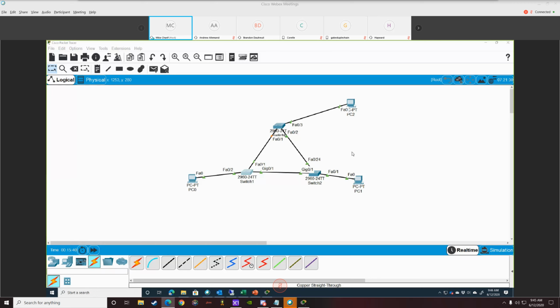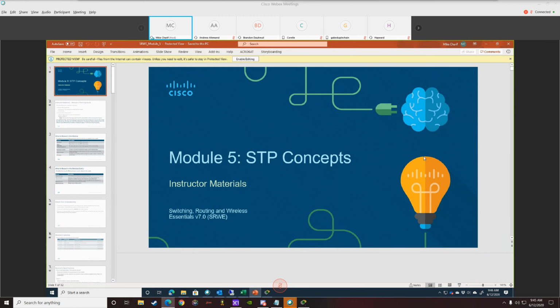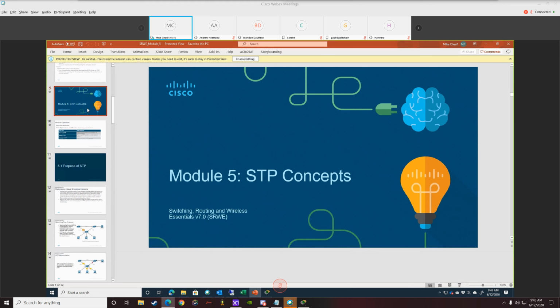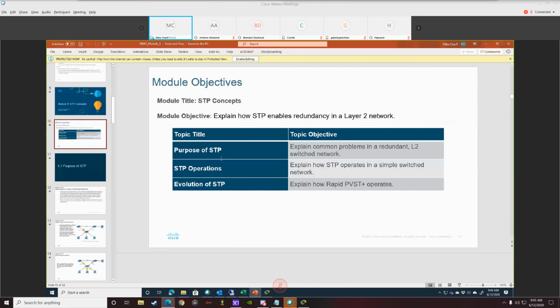All right. So that's basically the main idea. So let's see what they're going to talk about here on the slide when we talk about STP concept. So explain the common problem, because I'm trying to solve a problem in a redundant layer 2 switch network.